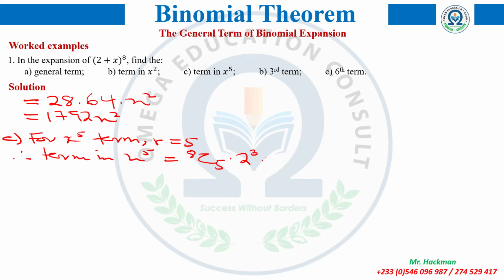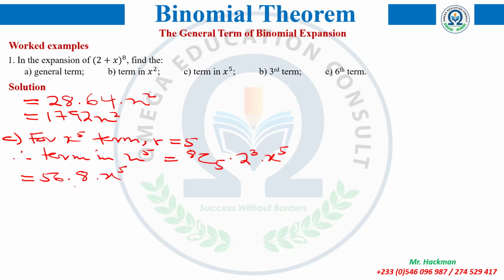Okay, then times s to what power? 5. My professors, I hope you are following. Yes, please. Which will give us, so this can be further simplified, so you don't end here because there's also a value. So give me 8 combination 5. 56. Okay, so 56, then times 2 cube, 8, then times x to the power 5.